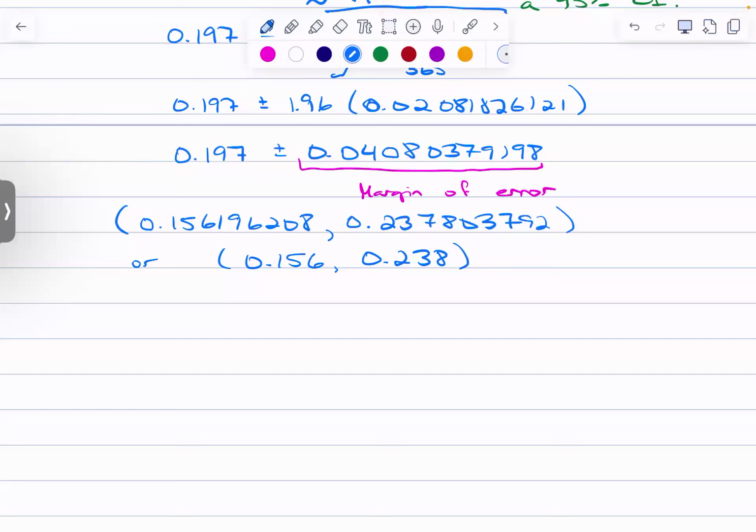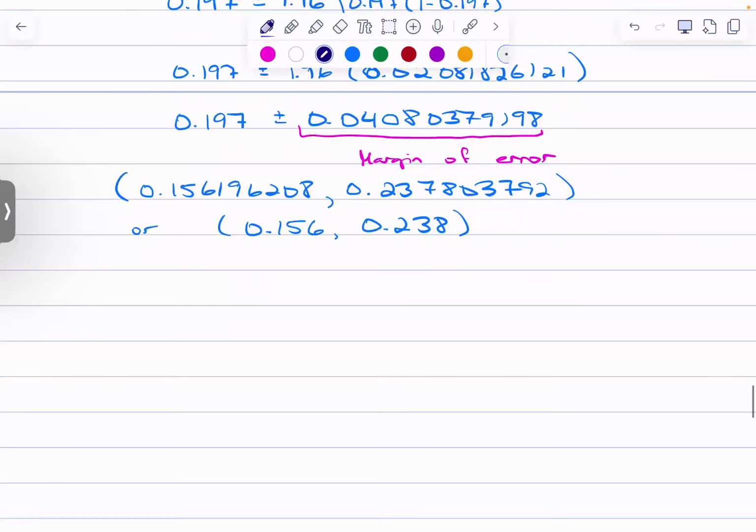This gives you a plausible range where your population proportion could reasonably be, right? And so now we need to interpret this confidence interval.